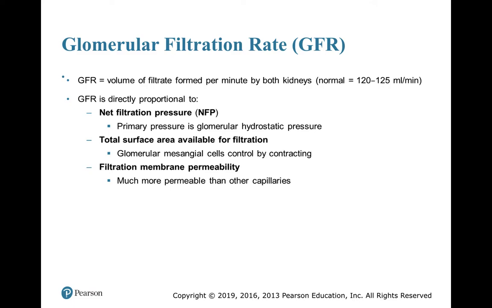It is also directly proportional to the surface area available for filtration, which is controlled by glomerular mesangial cells that can contract, and the permeability of the membrane, known as filtration membrane permeability. These capillaries should be much more permeable than other capillaries.